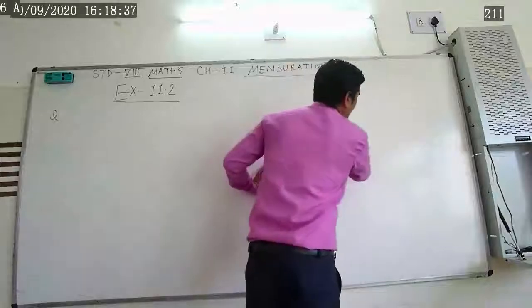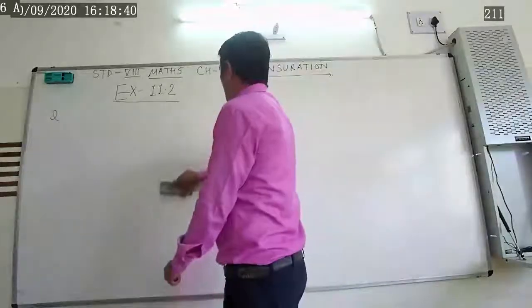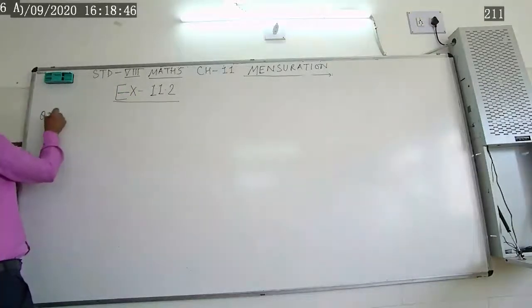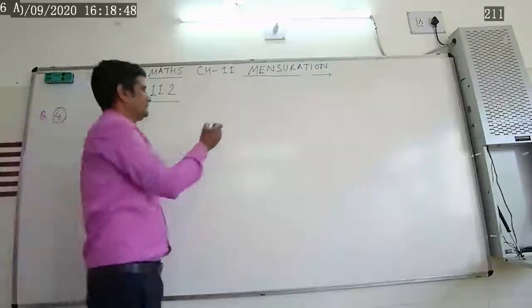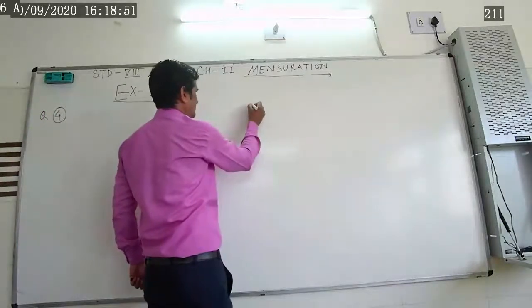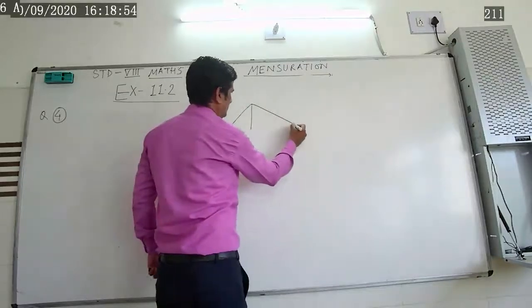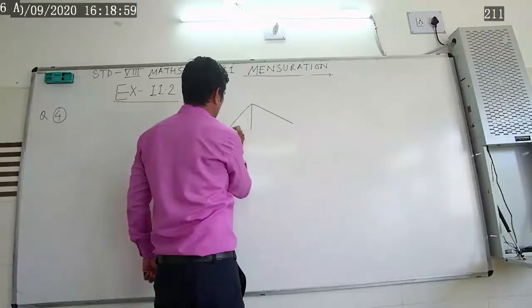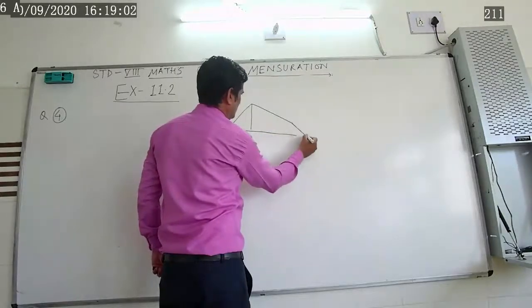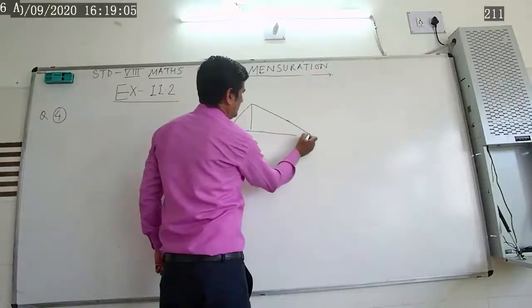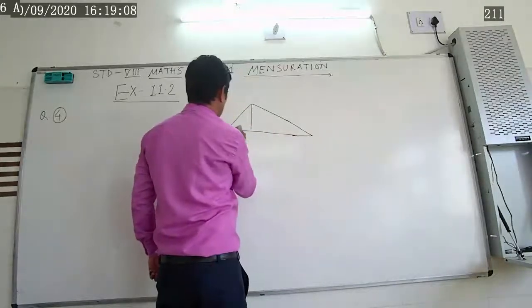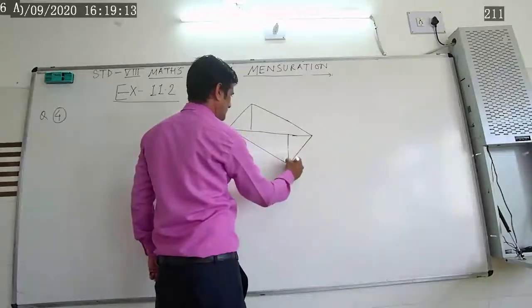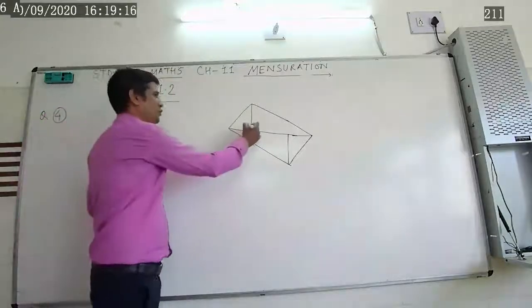One coordinate is given here. See question number 4, the diagram is given in the text also. This way you can see. This is the coordinate given in the book.